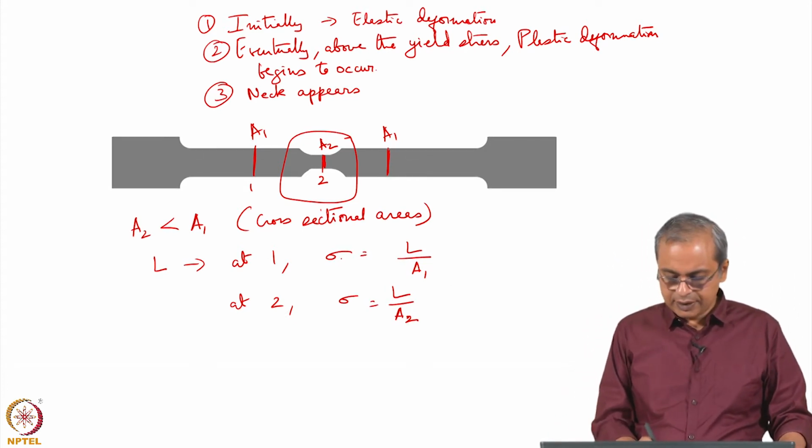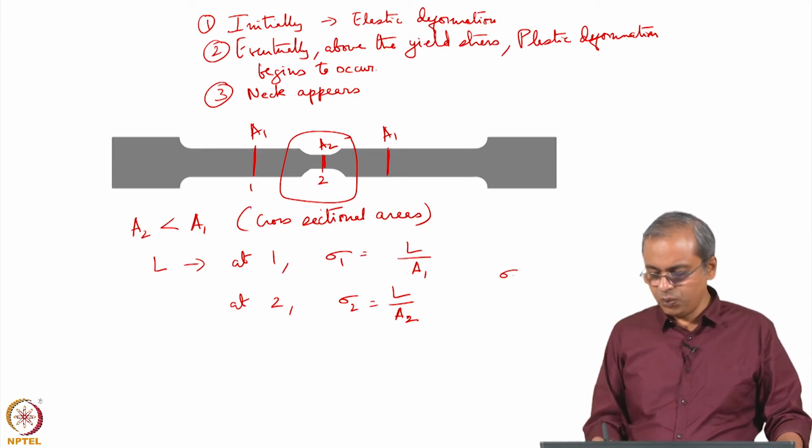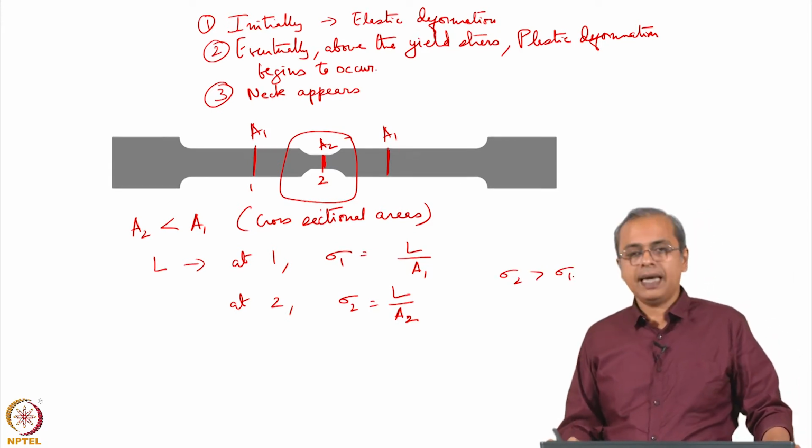So, clearly, this is sigma 1 and sigma 2, and sigma 2 is greater than sigma 1.